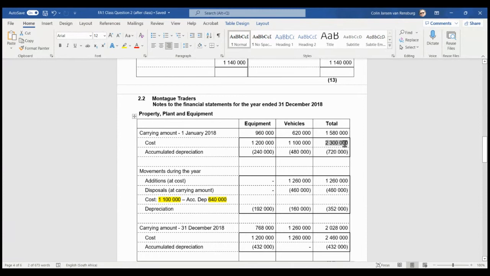And what we can do now to check whether we haven't made any mistakes, we are going to take that figure, the total cost of all our categories of PPE, minus the total depreciation of all our categories of PPE, and that must give us that amount, right? Then we're going to double check it, ladies and gentlemen. Then we're going to see whether we are correct.